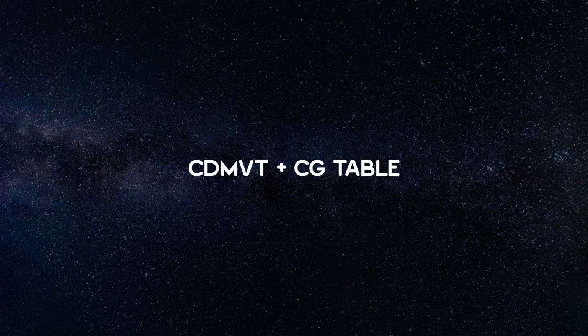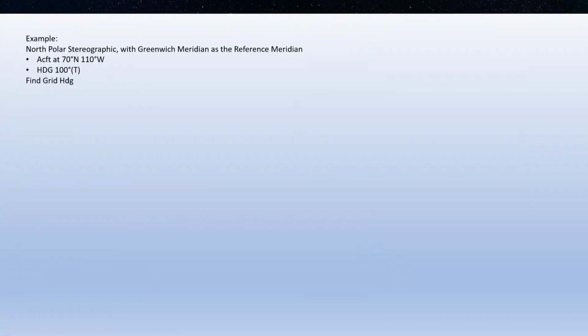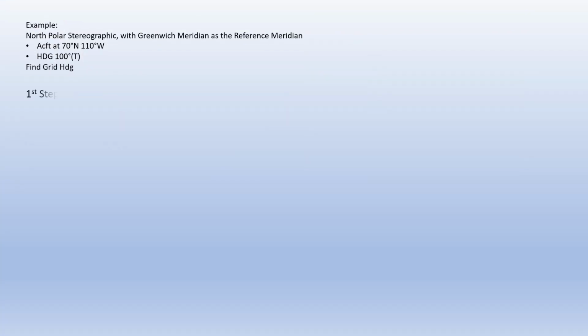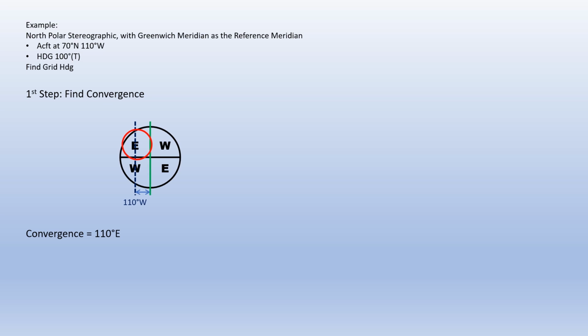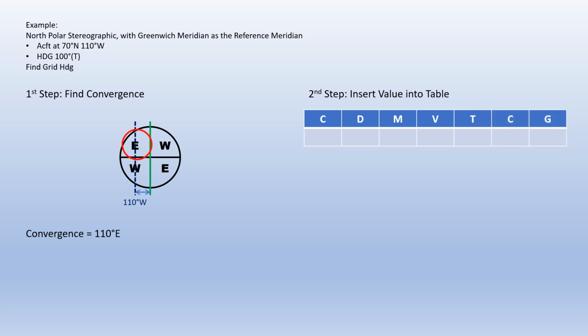CDMVT plus CG table. For this technique, the first step is to find convergency. The method of finding convergency is the same as the previous method, so I will not repeat it. Next, insert the appropriate value into the table. 110 degrees east is equal to plus 110.